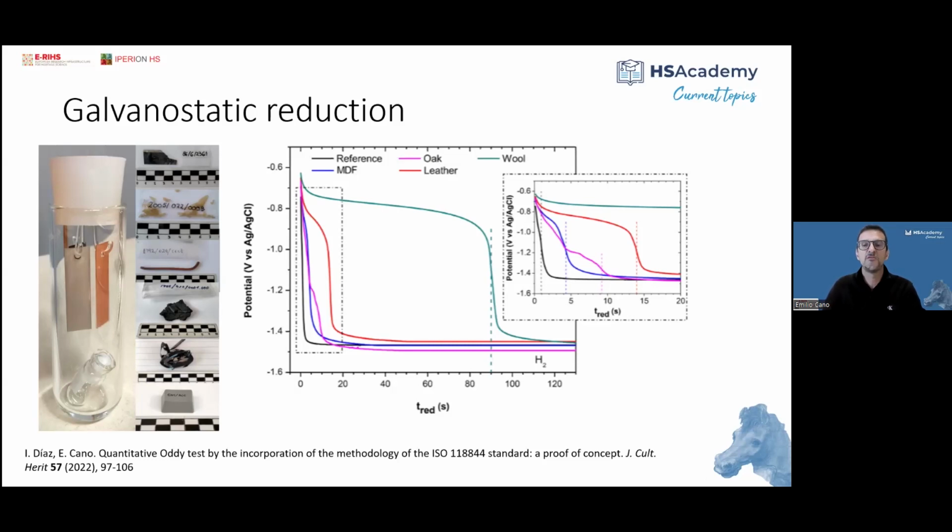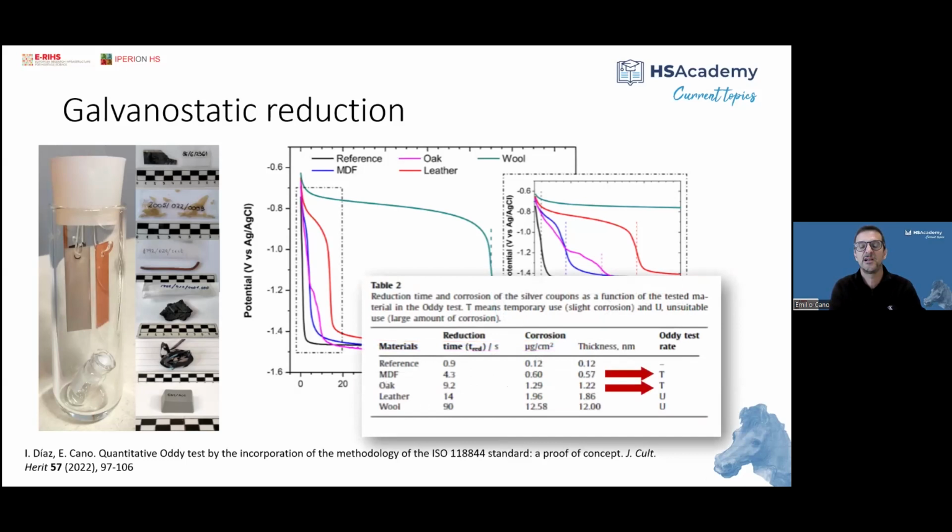So by using this galvanostatic reduction, we can obtain these curves. You see again on the right the reduction curves of silver coupons exposed to different test materials.